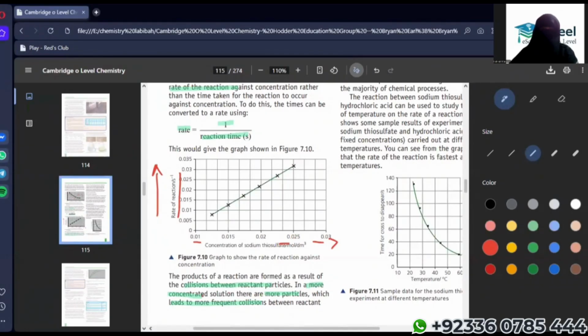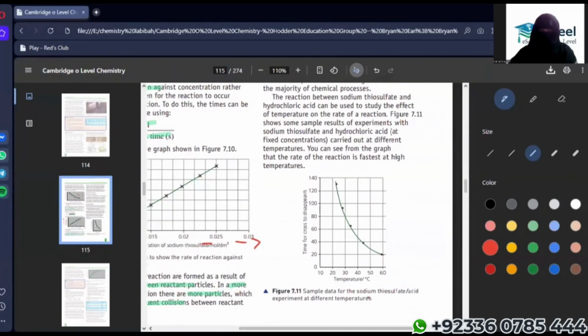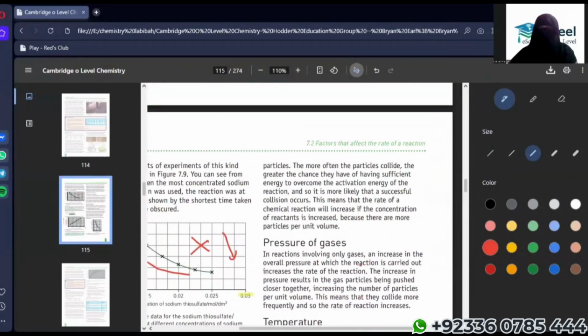In a more concentrated solution, there are more particles present, which will lead to more frequent collision between the reactant particles. And as they are colliding more frequently, they will have the chance to overcome the sufficient energy, which is activation energy, and hence it is more likely for a successful collision to take place.